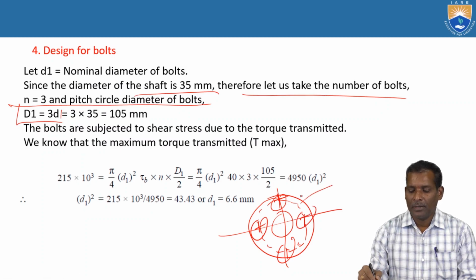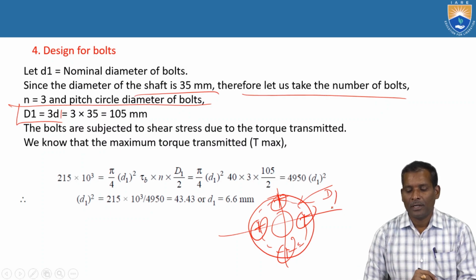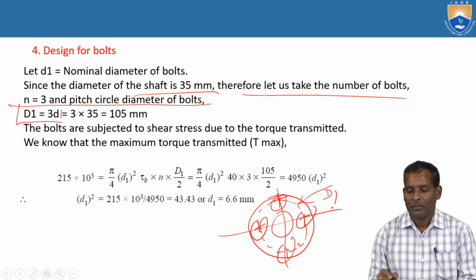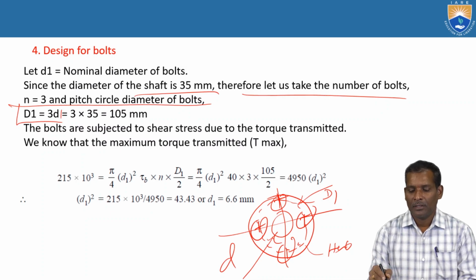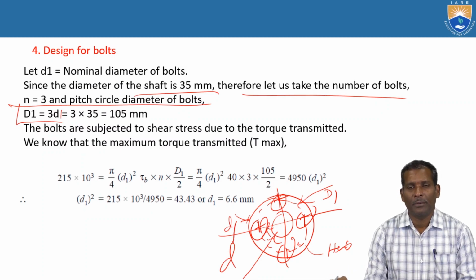This diameter is the pitch circle diameter. This is the hub outer diameter. This is the hub inner diameter, which is nothing but the shaft diameter. This is the bolt size, small d1, the bolt nominal diameter.